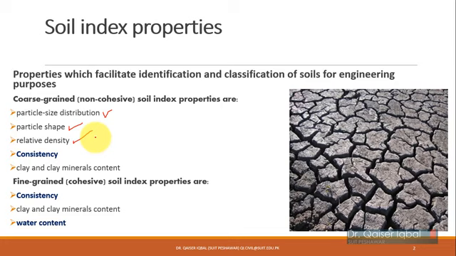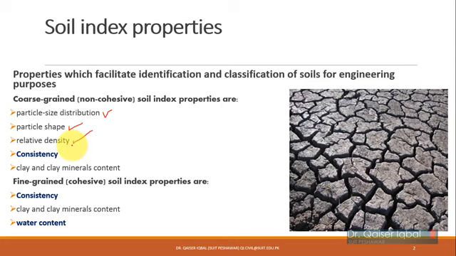But if it is the same sand with the same particles and same particle size distribution, but the density is less, if it is not compacted, and say its relative density is 30%, then it will be called loose sand. So once again, on the basis of density, you can differentiate between one soil and another. One can be dense sand, another can be loose sand, just because their relative densities are different.